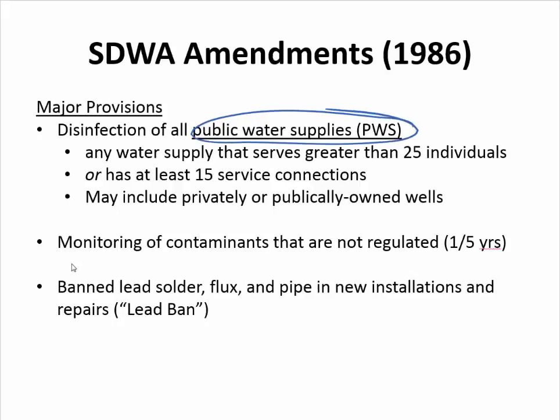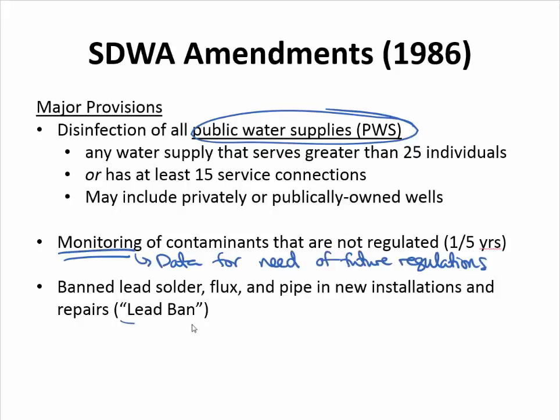For contaminants that are not regulated, it required monitoring of the contaminants at least once in every 5 years. This provides data for the need of future regulations. And also in this provision, it banned lead from any pipes used in new installations. It did not require replacement of old infrastructure.